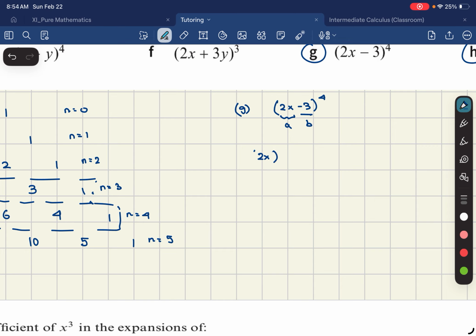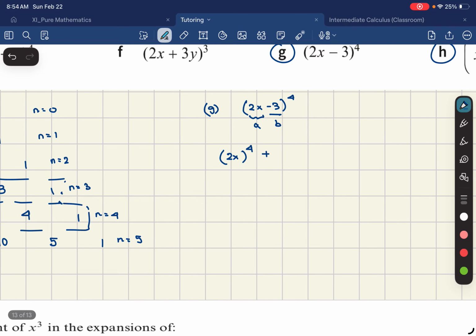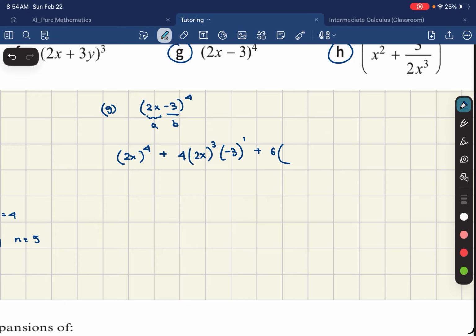You start with 2x, that is your a to the power 4. And then your coefficient is 4: 2x cubed, and then you have minus 3 to the power 1. Then your coefficient is 6: 2x squared times minus 3 squared. Then your coefficient is 4 again: 2x times minus 3 cubed.